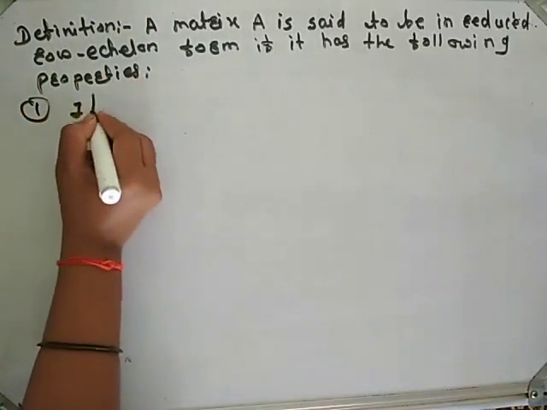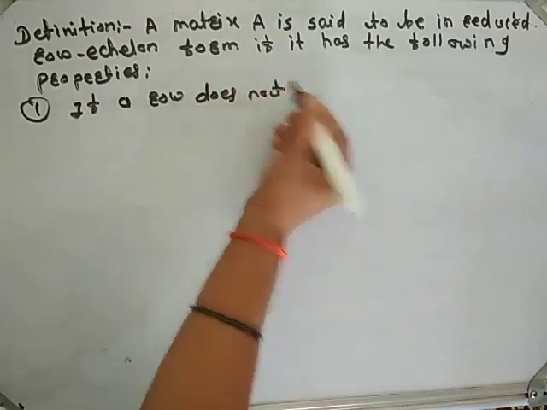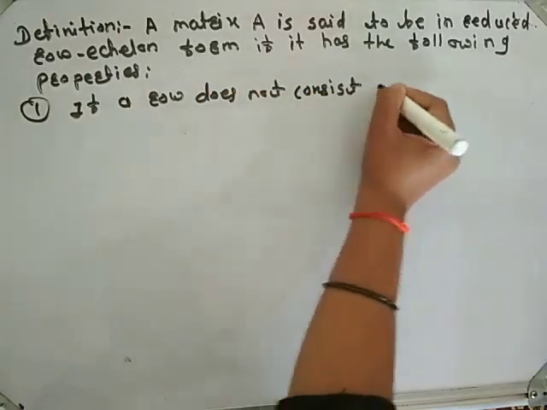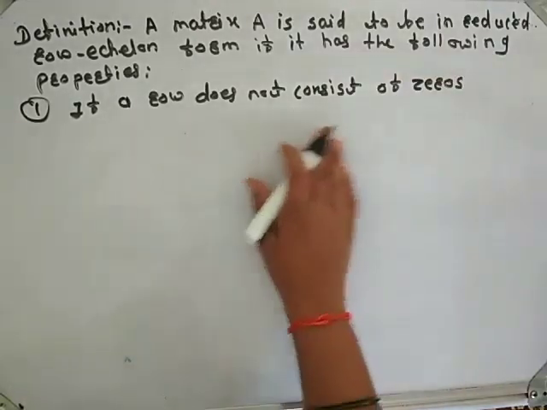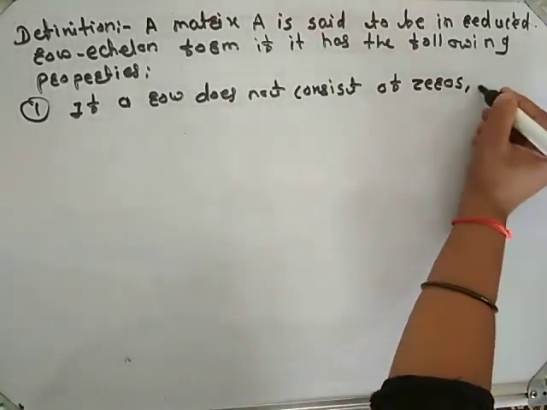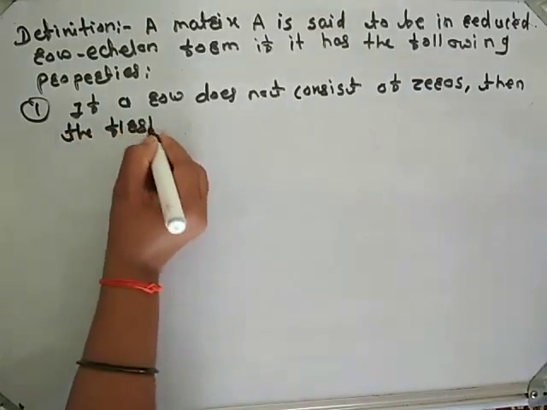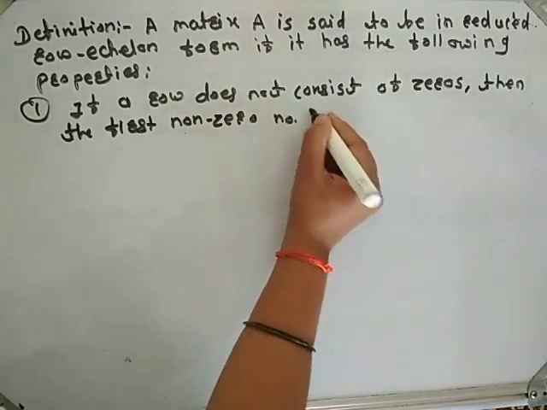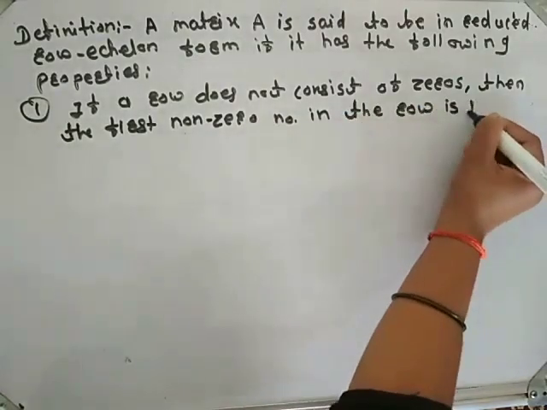First, if a row does not consist of zeros, then the first non-zero number in the row is 1.